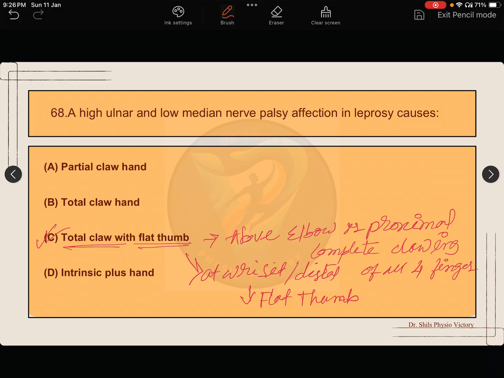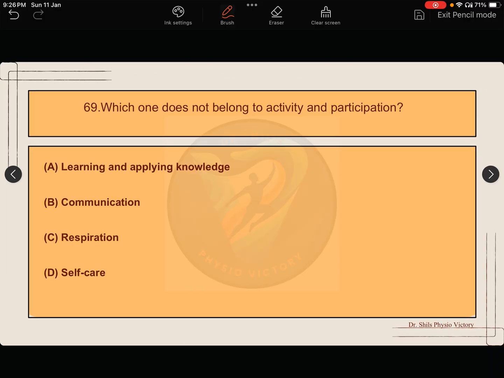Next, come to question number 69. Which one does not belong to activity and participation? Option A, learning and applying knowledge. Option B, communication. Option C, respiration. Option D, self-care. Here, the correct answer is option C, respiration.